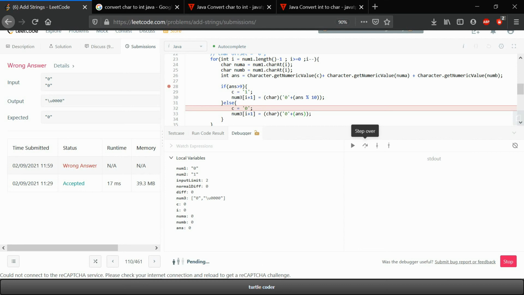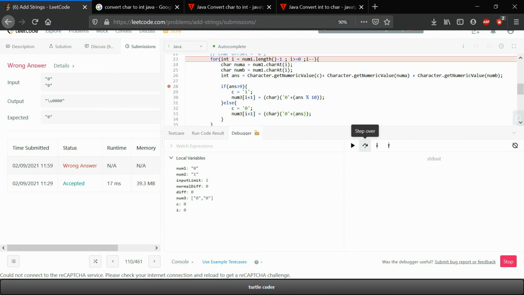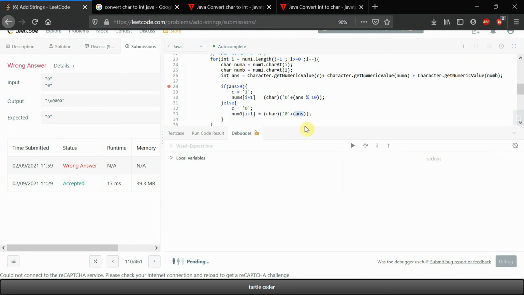Good. And nums3 plus 1 is carry of that one. It has to be 1. But why? My answer was 1, right? Stop. Debug again. My answer has to be 1 this time.